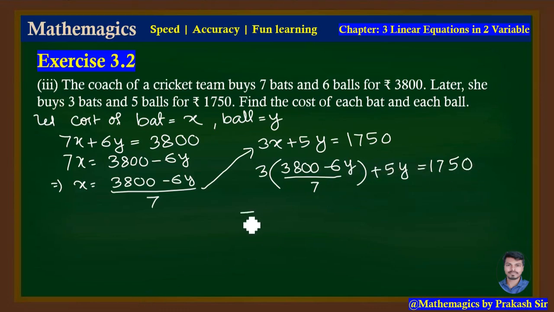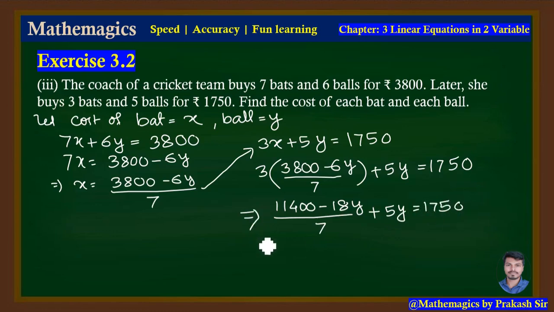So let us calculate. Here with the help of calculator we are using 3,800 multiplied by 3. The sum is coming 11,400 minus 6 times 3, 18y, whole divided by 7, plus 5y is equal to 1,750.